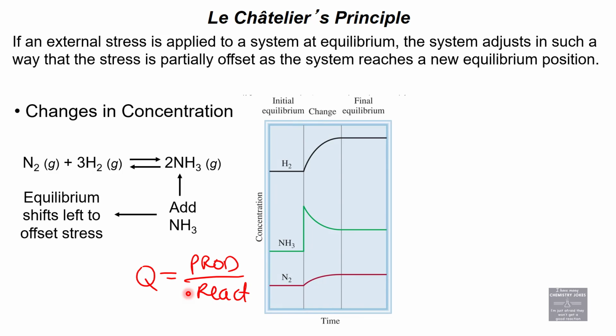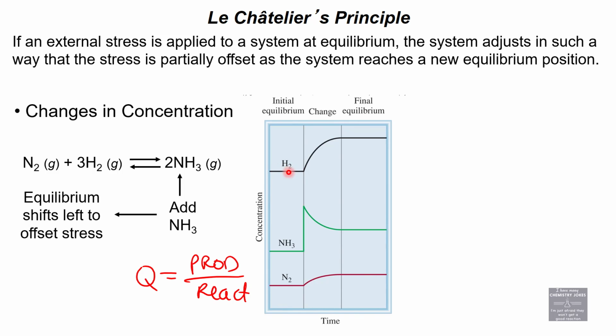How does this look graphically? Well, it looks like this. So if I had a system sitting at equilibrium, I had this much H2, this much NH3, this much N2, I stress the system by all of a sudden, instantaneously, that's my snap fingers, instantaneously I add some NH3 and I reestablish equilibrium by declining the NH3 concentration, increasing the reactant concentrations.